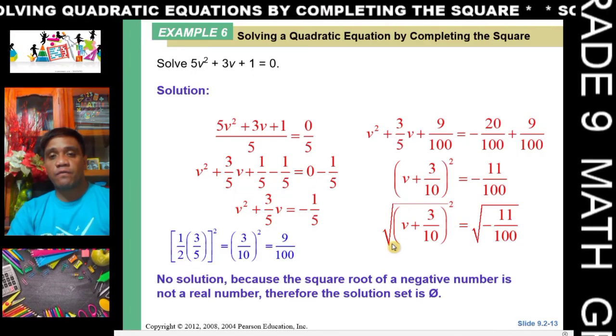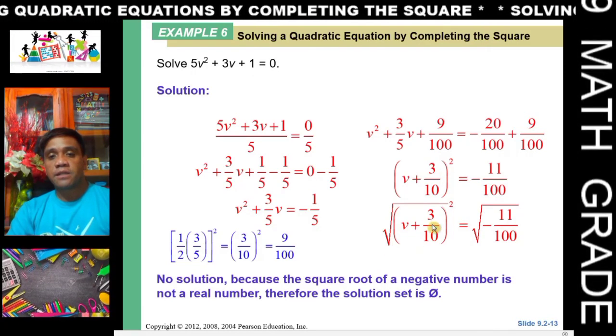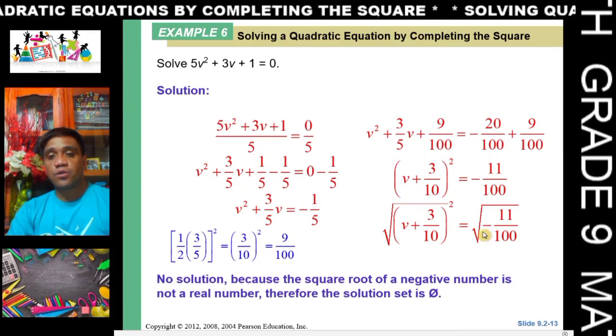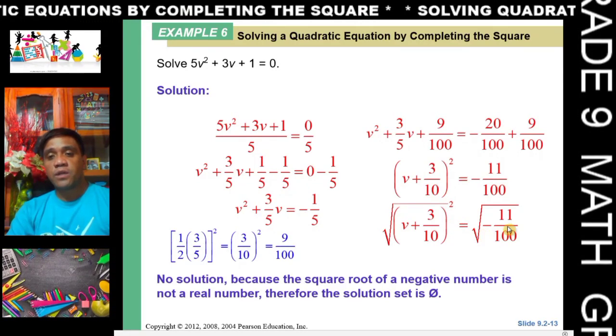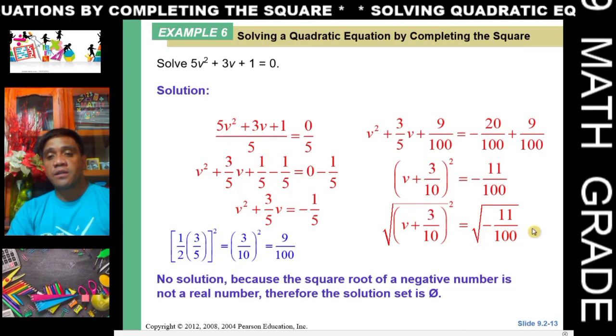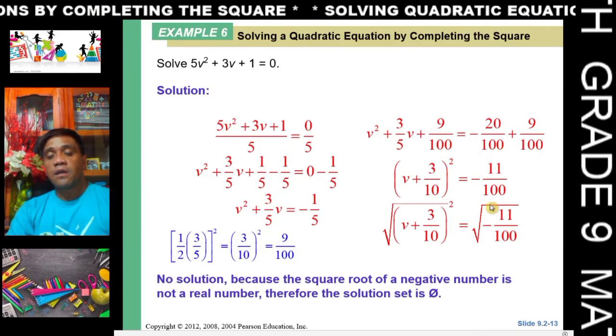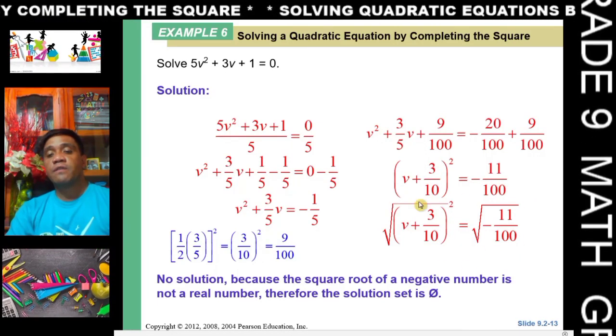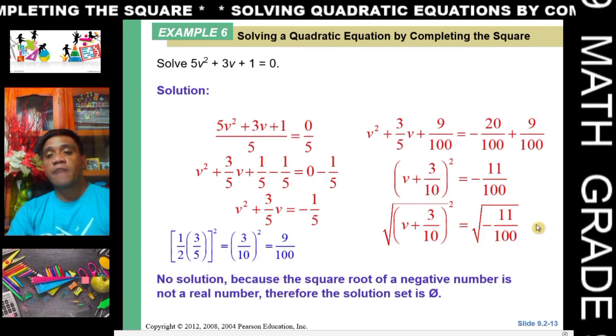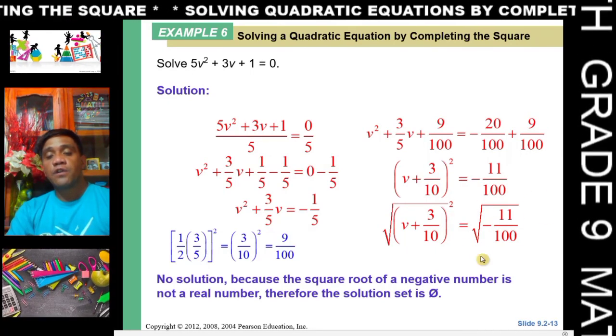So we have the square root of quantity v plus 3 over 10 squared is equal to the square root of negative 11 over 100.